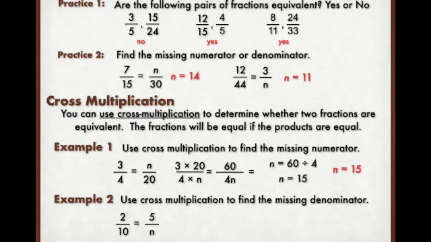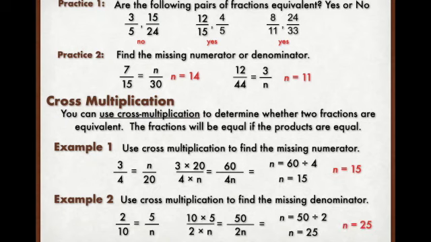If I divide 2n by 2 to get n by itself, I also have to divide 50 by 2. And then that leaves n by itself as 25. 50 divided by 2 would be 25.